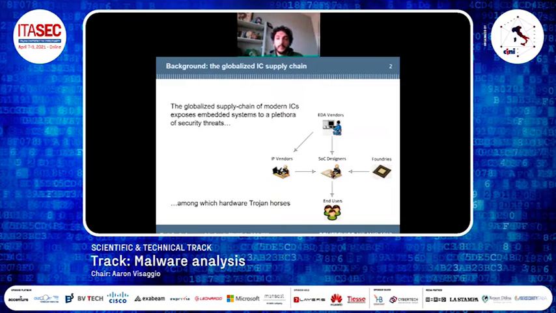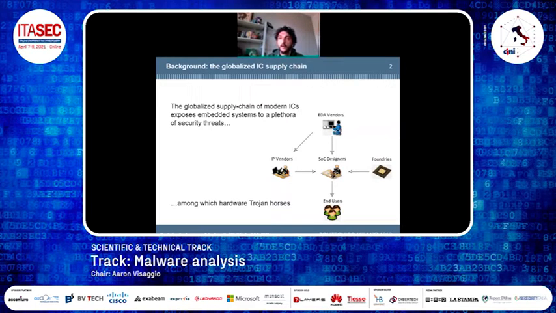A little bit of background. We know that the supply chain of integrated circuits is today extremely worldwide distributed. We have IP core providers, we have design teams spread around the world. The foundry is generally a third-party foundry.